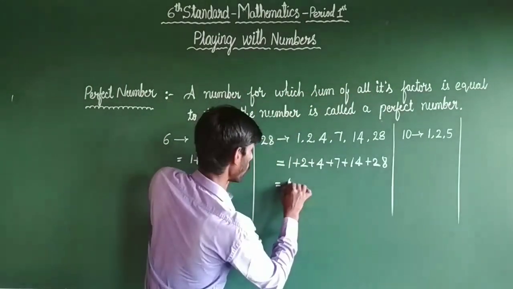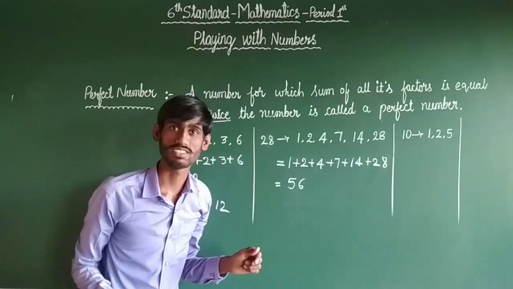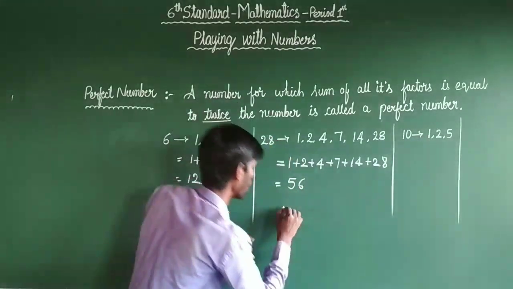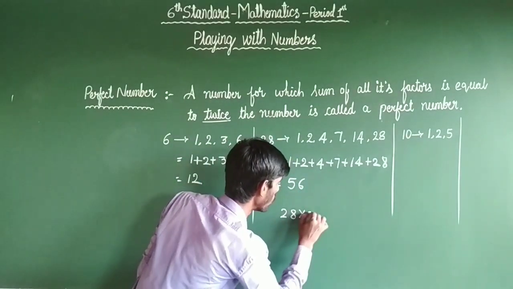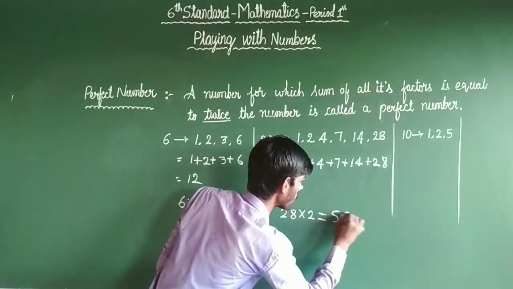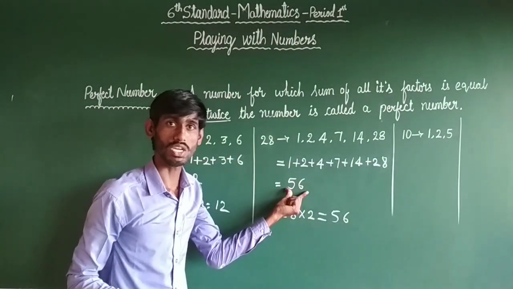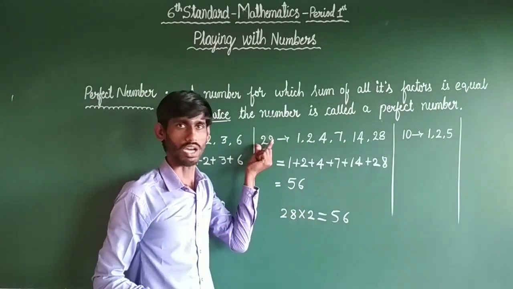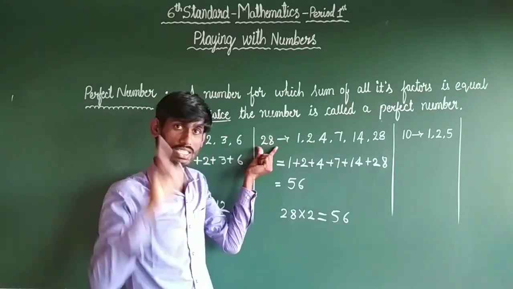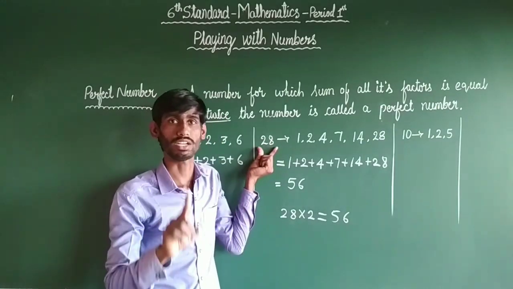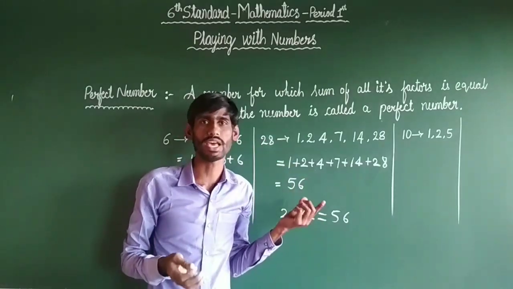So we will get 56. Observe 56. It is 2 times 28. 28 into 2, we get 56. So the sum is twice the given number. Are you clear? So 28 is the best example of a perfect number. These types of numbers we call perfect numbers.